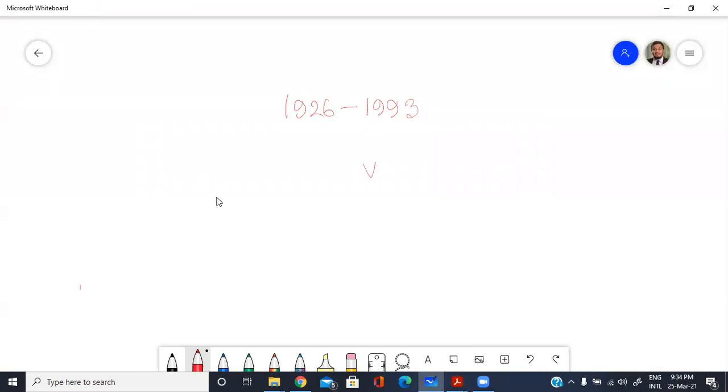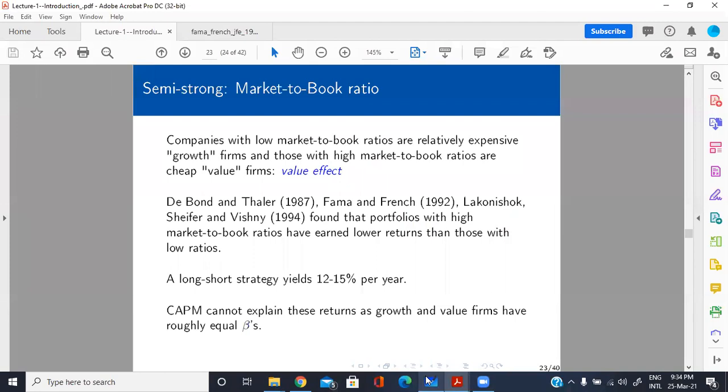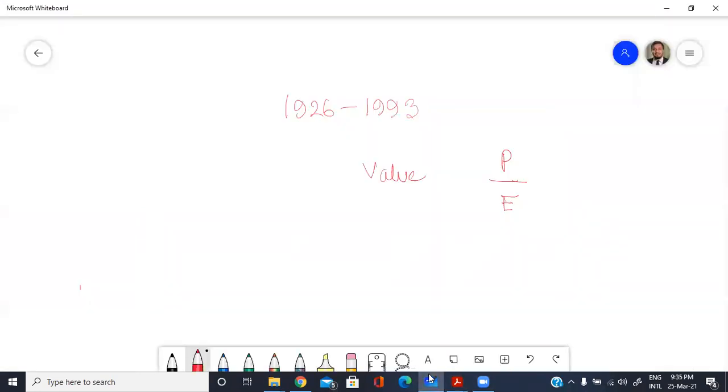What does value mean here? Are you familiar with this? Price to market value. Price to earnings, the commonly used parameter for valuing a stock, the P/E ratio.